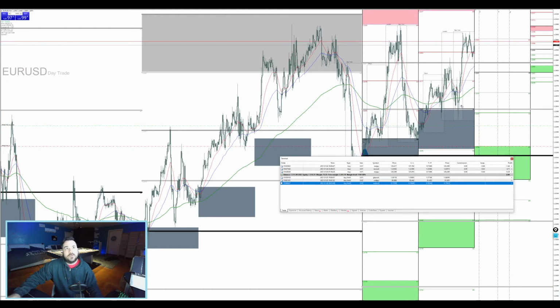It's going to be my euro's buy box today. It's going to be at the top of central pivot. My spread is 1, so I'm going to set it about 2.5.